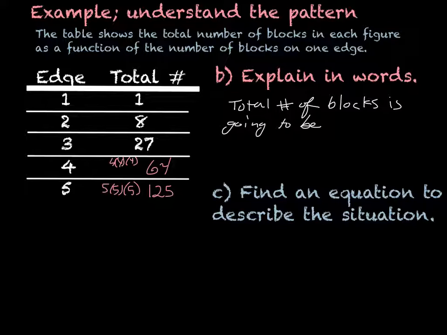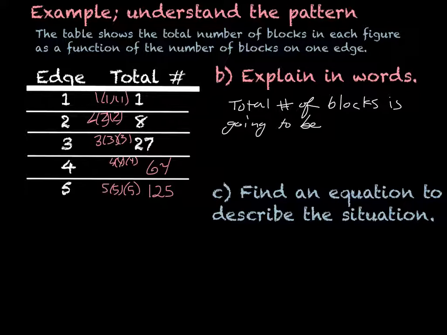So theoretically 3 times 3 times 3 is 27, and you will find that is true. 2 times 2 times 2 is 8. 1 times 1 times 1 is 1. So that pattern is working every time.